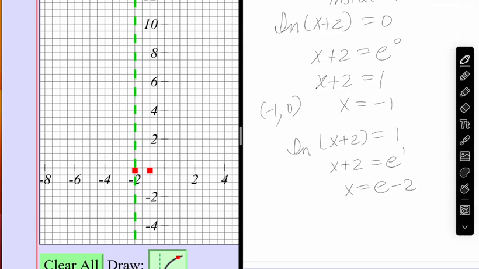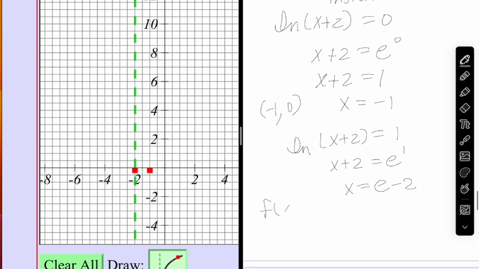This is one where you can use a calculator. Remember, our function is the natural log of x plus 2. Let's plug in 2. So that would be the natural log of 4. If you go into your calculator, you actually get to use a button for a change. We don't have to be careful about a natural log. You can plug in a number. The natural log of 4 is approximately 1.4.